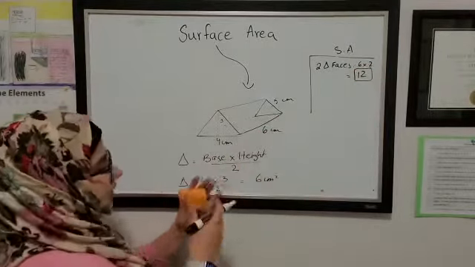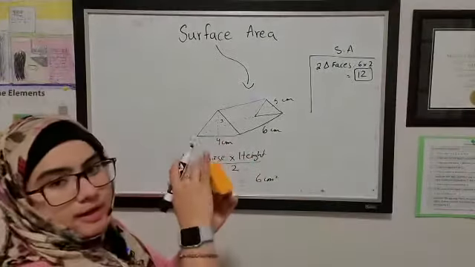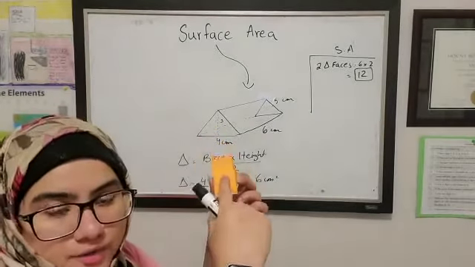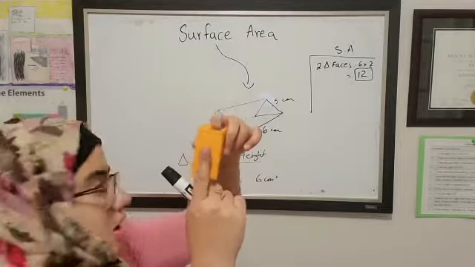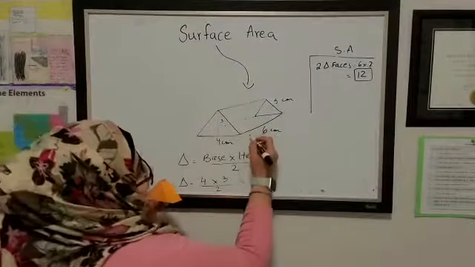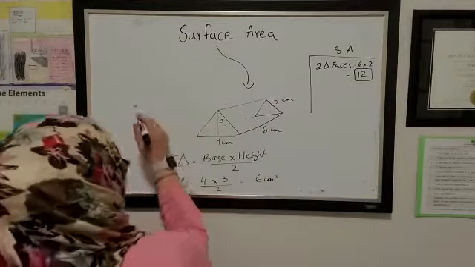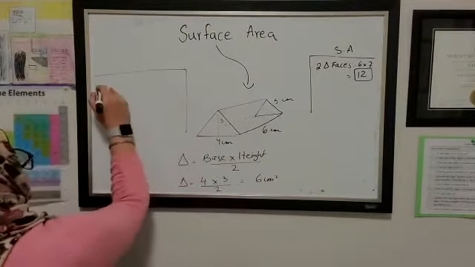Now we have to find the area of this rectangular face. Since we have 2 identical faces, if we know the area of one face, we can multiply by 2 to get the area of these 2 faces.